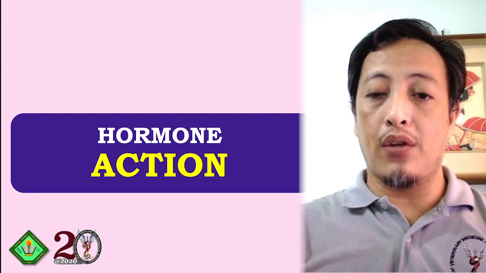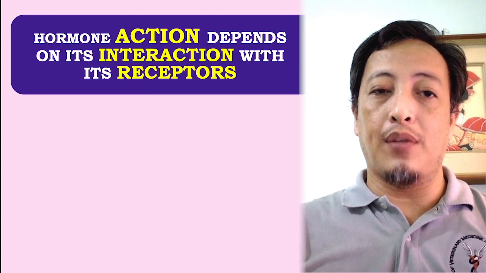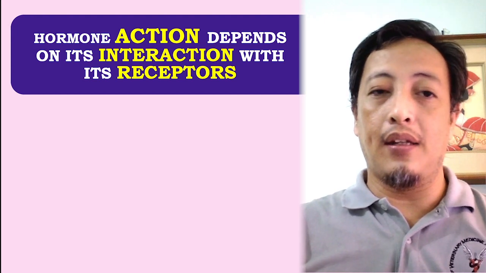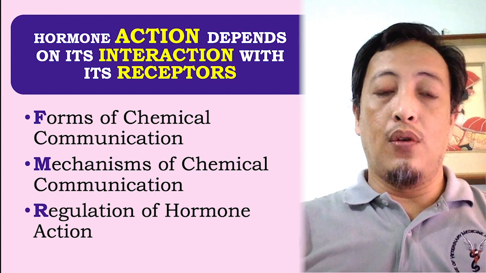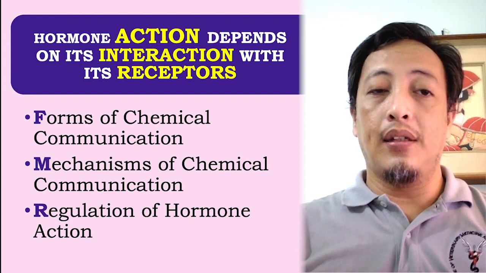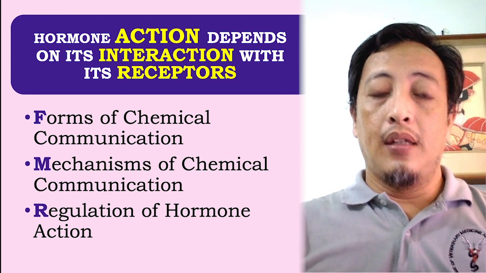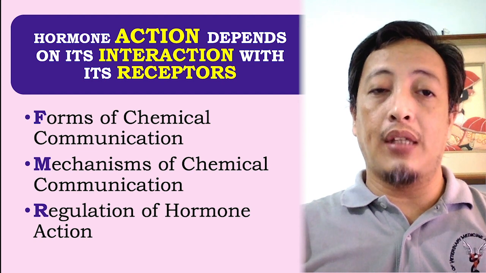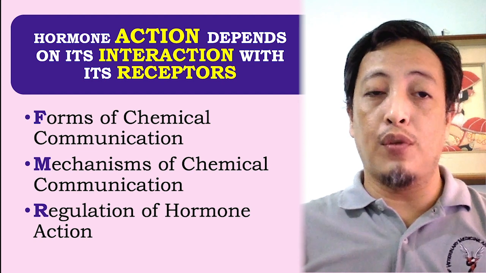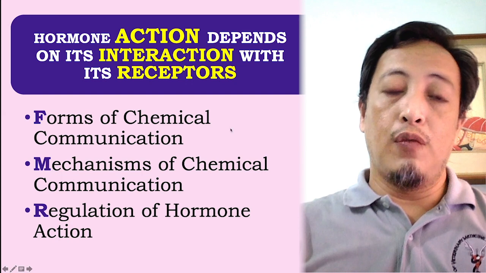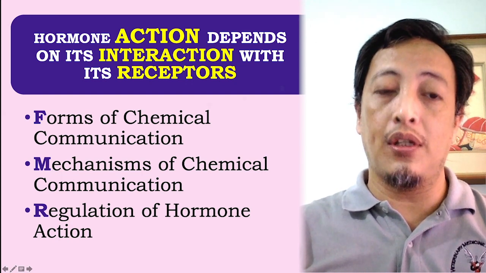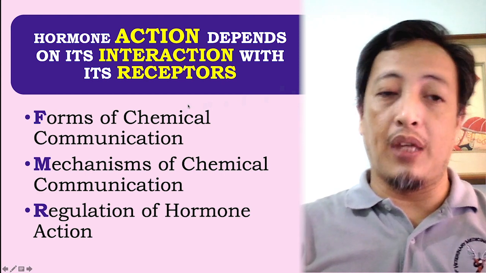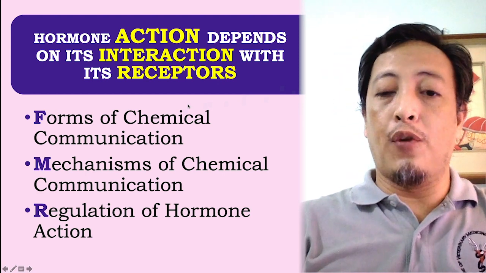So hormone action depends on the interaction with its receptor. So na-mention natin yun last, na-mention lang natin. Okay? So to be able to understand hormone action and to be able to understand the interaction between hormones and their receptors, we should recall yung forms of chemical communication, mechanisms of chemical communication, and regulation of hormone action.